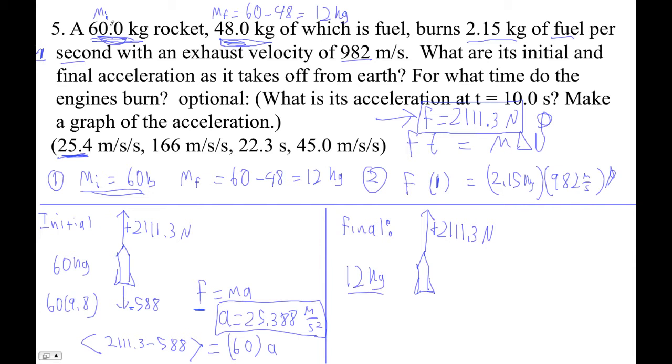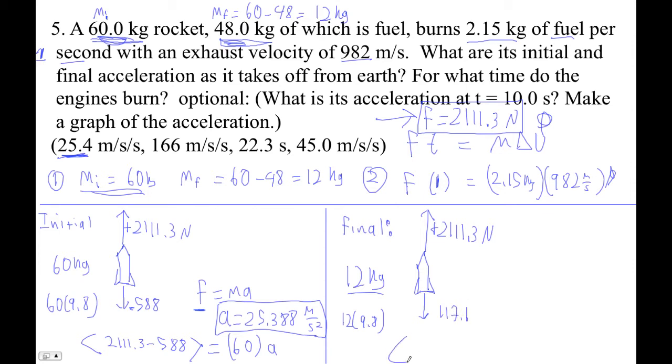It's 12 kilograms because it was 60. It burned 48 kilograms of fuel because basically rockets are just containers to hold fuel largely. And so 60 minus 48 is 12. That makes the force down less. 12 times 9.8 is 117.6.